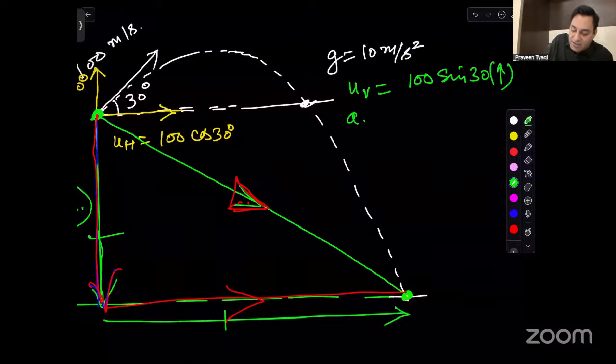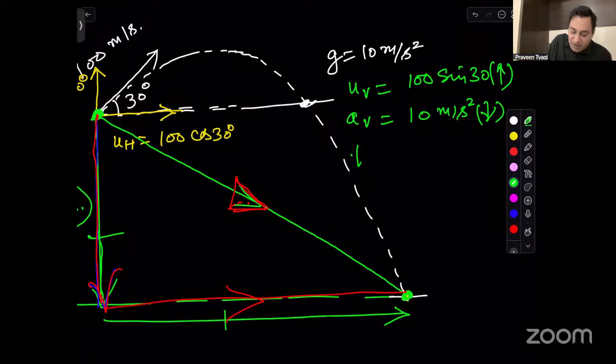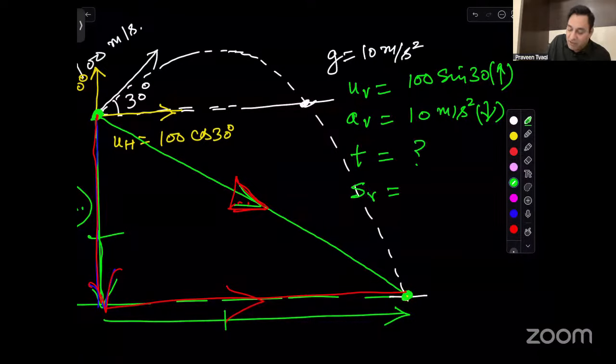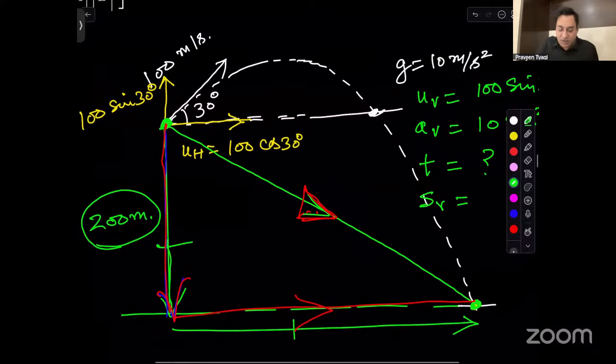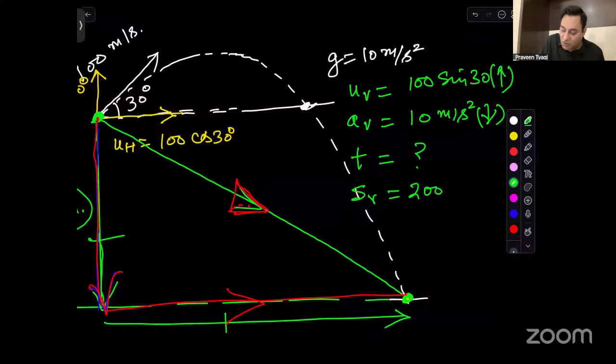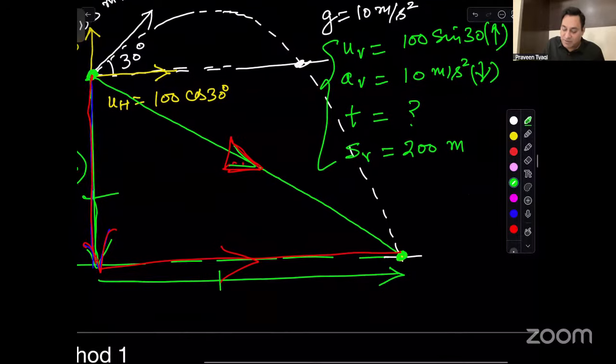Acceleration in the vertical direction is 10 meter per second square downwards. I want to find the time of flight, and I already know the vertical displacement, which is 200 meters. Here you have to use S = ut + (1/2)at².